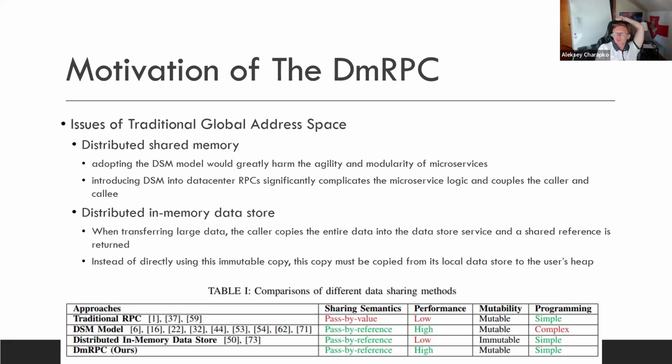Hey, can I stop you for a sec? So we have distributed shared memory, right? And it's different from disaggregated memory, right? Right. In distributed shared memory, you have a distributed global shared address space across physically distributed machines.